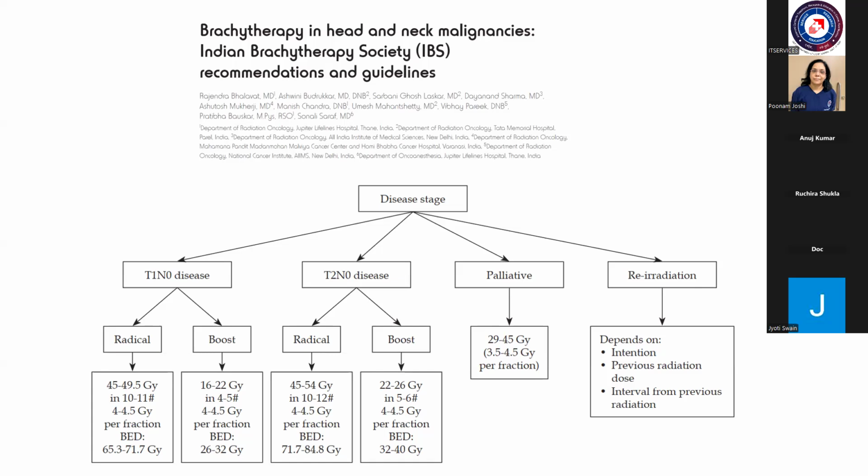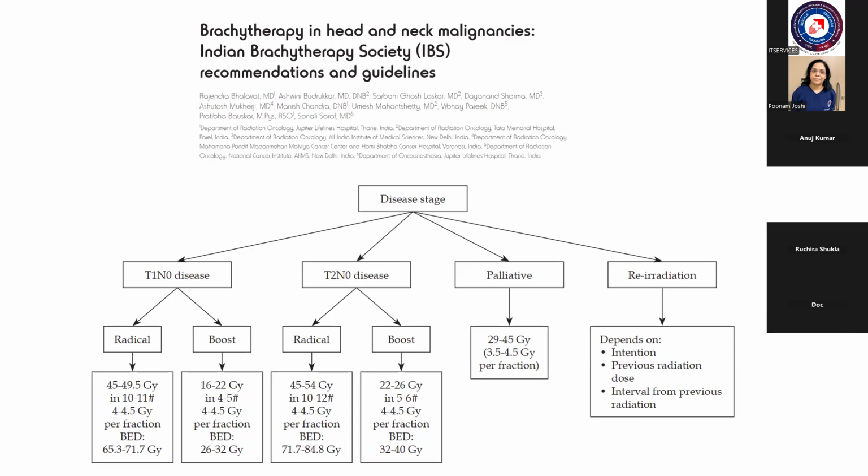And it is also used in the re-radiation setting, but there you have to be very careful. The criteria for brachytherapy in the re-radiation setting also remain the same: for tumors in lip or early buccal cancers, where it is favorable, you can consider brachytherapy.